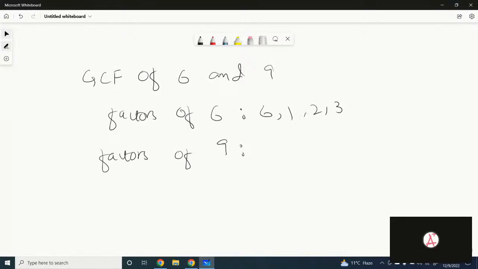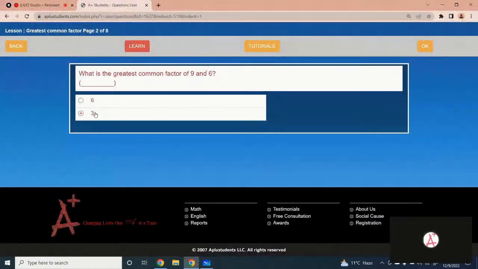For 9, they are 9 times 1 is 9 and 3 times 3 is 9. Do we have any other factors for 6 and 9? No, these are the only factors. So the one factor that is common for both the numbers is 3. That means 3 is the greatest number that can divide both 6 and 9. So it is 3. Got it?